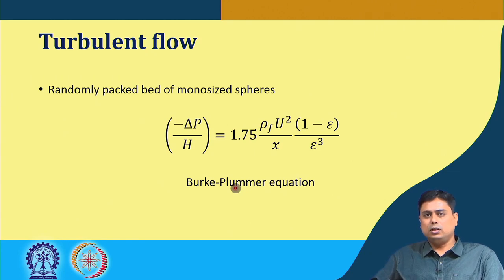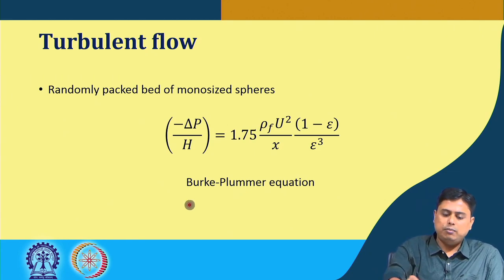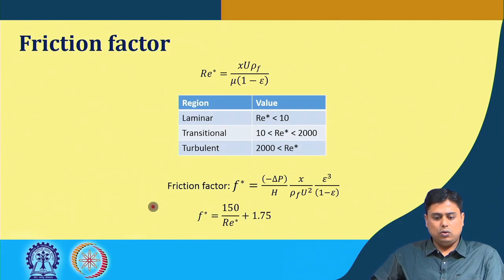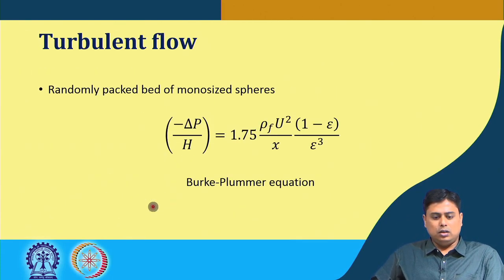This expression is named after two other scientists, the Burke-Plummer equation. Like we mentioned Kozeny-Carman by two scientists, Kozeny and Carman, here we have Burke and Plummer.